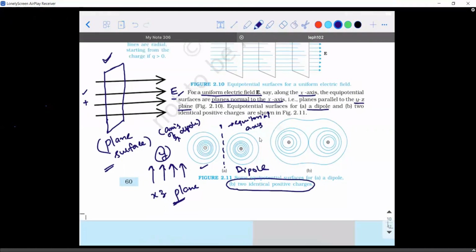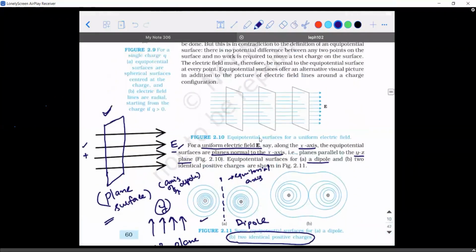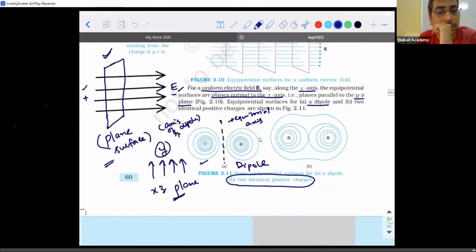No, sir. Wait, sir. Once you finish this, I have an important point to tell you. It is there in this page only. Is there anyone having doubt with how these surfaces have actually come?